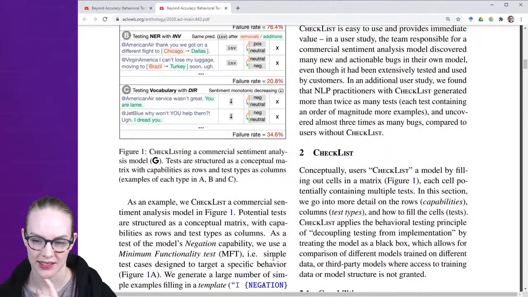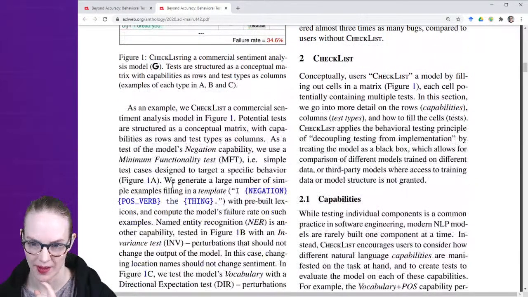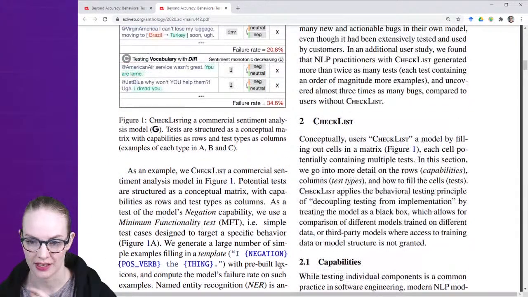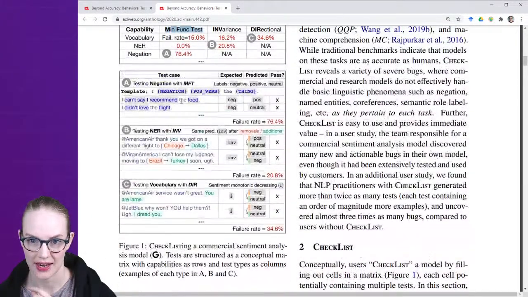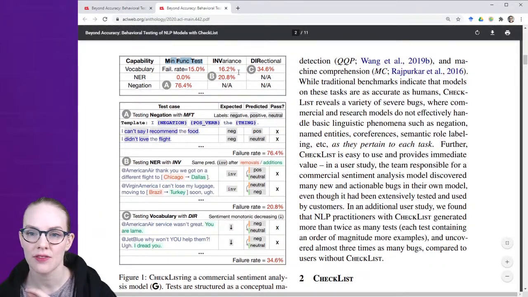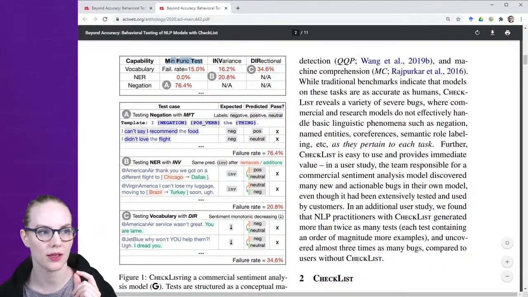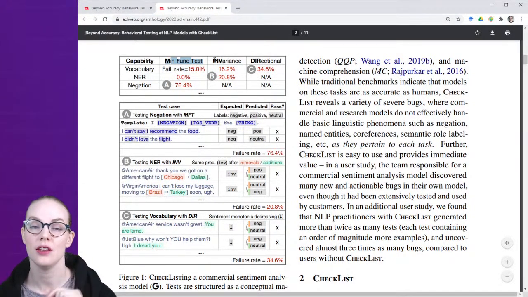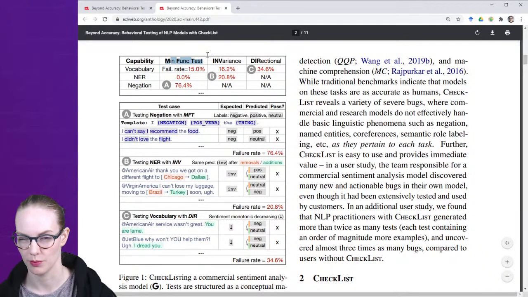Simple test case is designed to target a specific behavior, and they just expect that if you negate a positive verb, you should get negative sentiment. The invariance, if you change something that should not change the output of the model, then you shouldn't see a change in the output of the model.